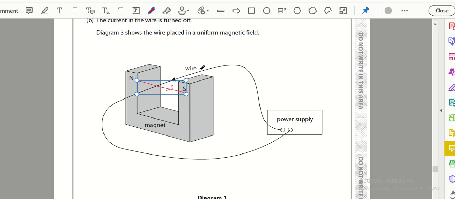As the current here is out of the page, we make the first finger in the direction of the field, and the second finger in the direction of current, out of the page, so we will find that the force is upward.